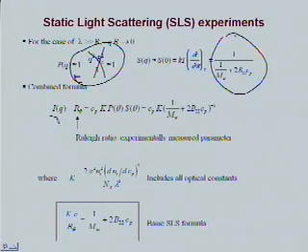The intensity, which you measure in a light scattering experiment or any type of scattering experiment, typically is given by the so-called Rayleigh ratio. This is the experimentally measured intensity, dimensional.